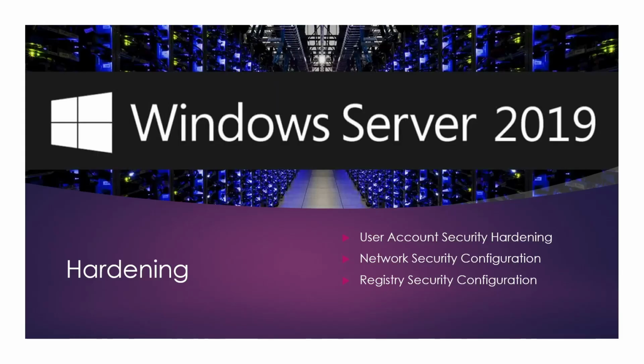So, Windows Server 2019 hardening. With user account security hardening, you can ensure administrative and system passwords meet password best practices. In particular, you need to verify that privileged account passwords are not based on dictionary words, and that they're at least 15 characters long, with letters, numbers, and special characters, and ensure that passwords are changed every 90 days.